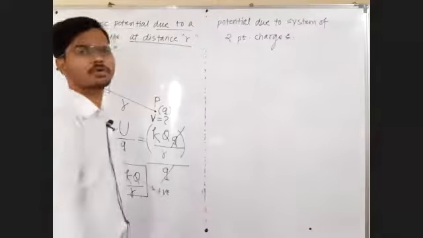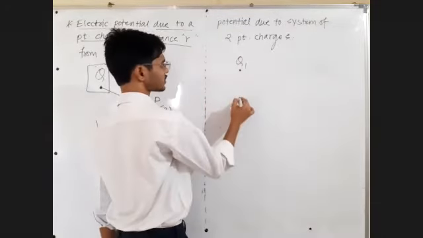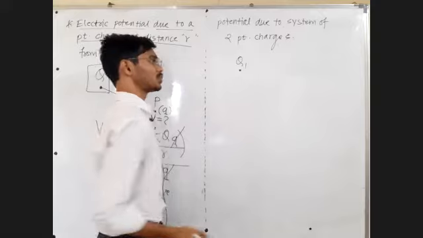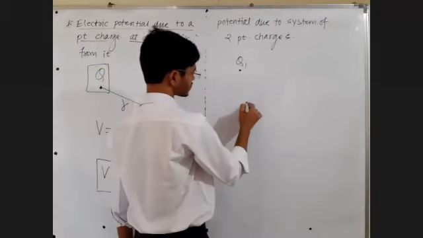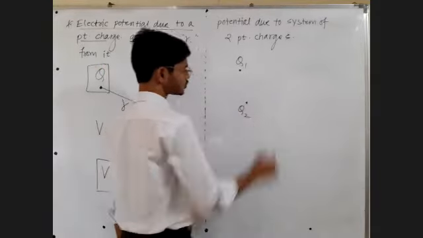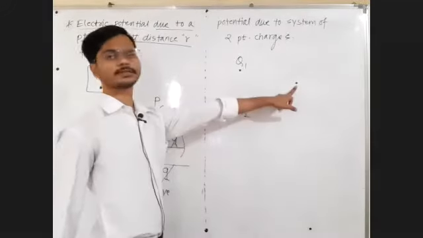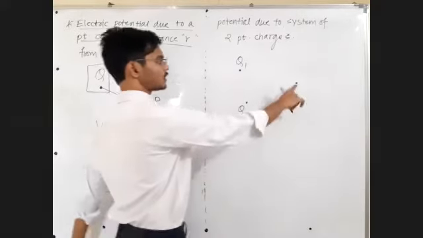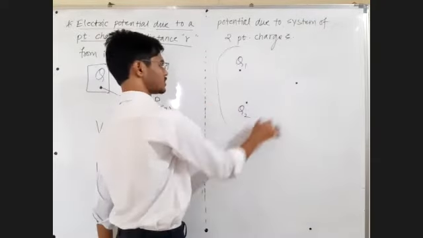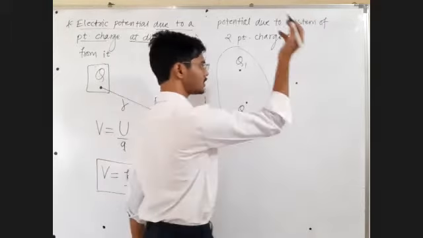First point charge is here, Q1. I want to call it capital Q1. If you want to call it small q1, I don't have an issue. Second charge, Q2. This is the given point. I want to find out total potential at this point because of this charge system. Now this is our charge system. At this point, what is the effective potential?